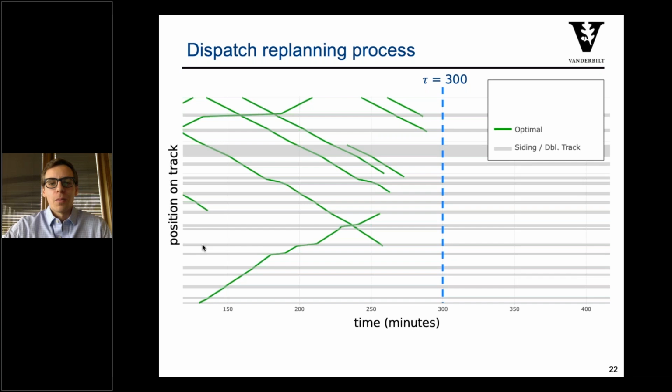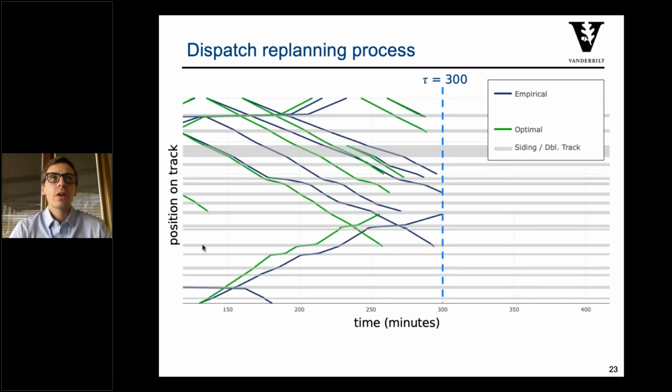We can at any point, in this case I used tau equals 300, so approximately 5 hours after the day has begun, look at how the trains are doing empirically compared to the original schedule or the optimal plan. And we can see the empirical string lines are shown in blue, the optimal plan in green.